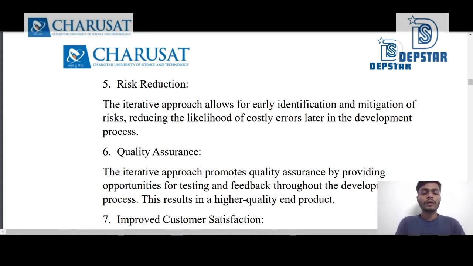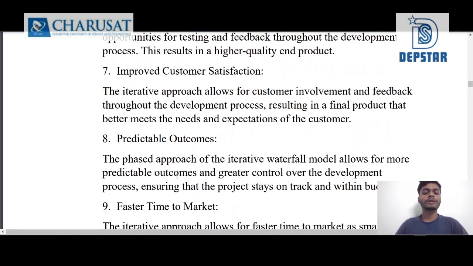The iterative approach promotes quality assurance by providing opportunities for testing and feedback, which means after testing and feedback, the user can also add and modify their site by meeting the developers, however they want to change the site. The result is a higher quality product.